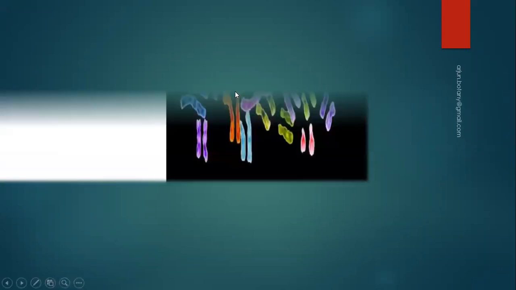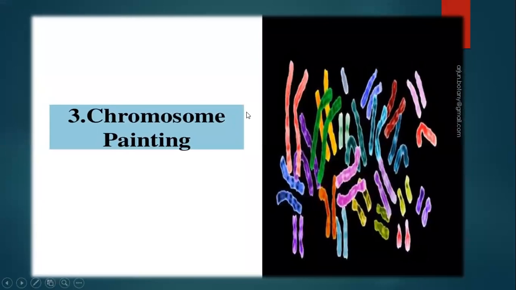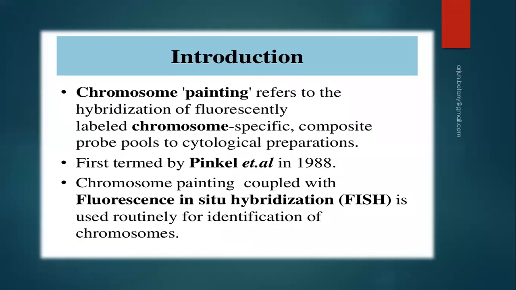Today's discussion is very much relevant to genetics, and the topic is chromosome painting. We know about the chromosome, which is mainly present in the nucleus, in chromatin form during the interphase, and the actual chromosome we see in the metaphase of cell division.